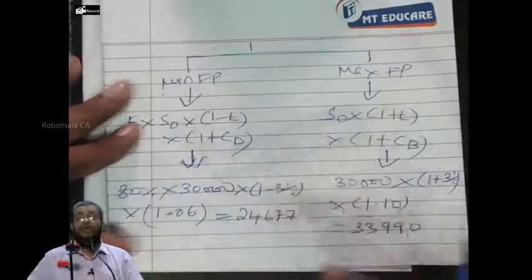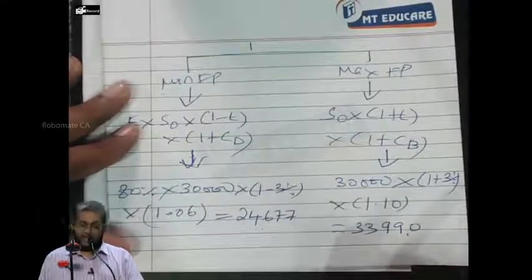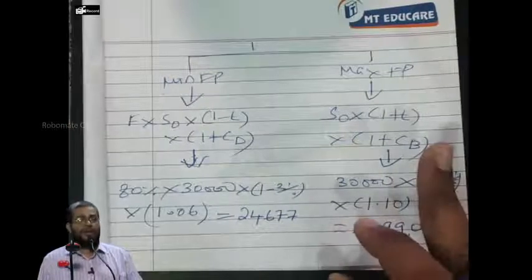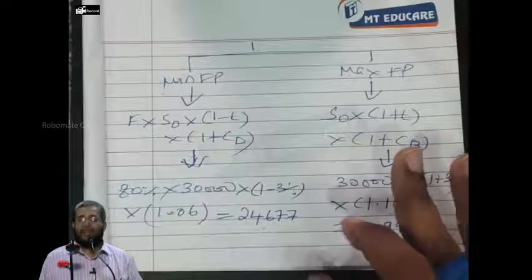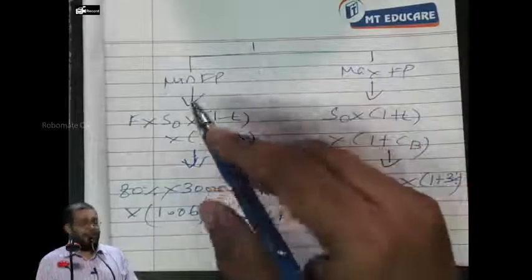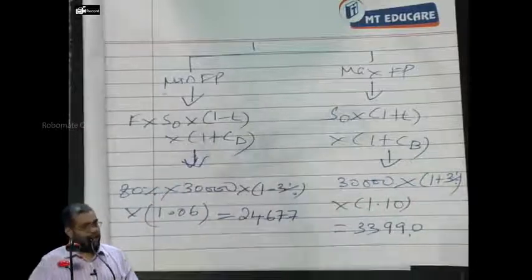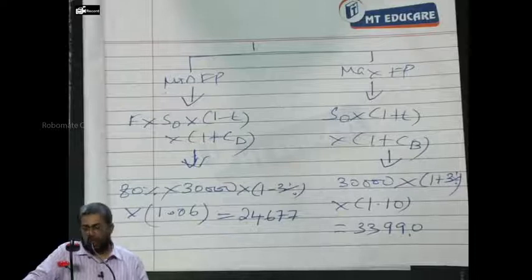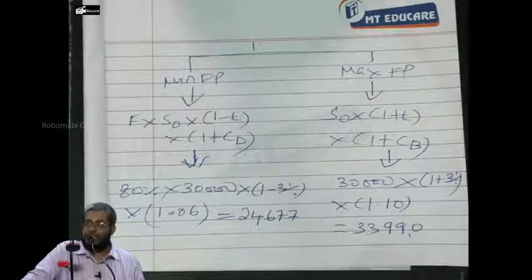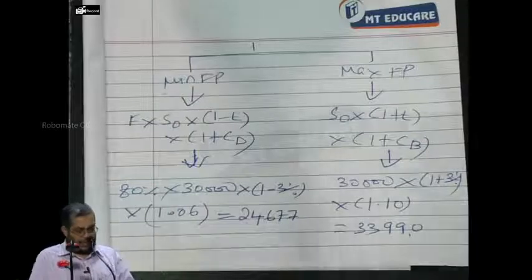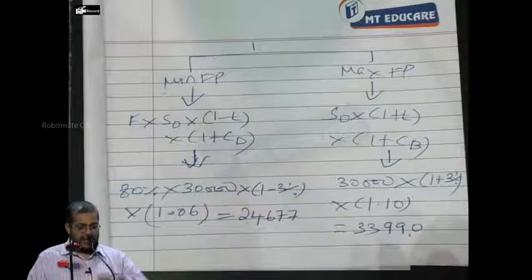Now, next. Point number 6. No arbitrage boundary is calculated as follows. We'll write the formula and the answer together.